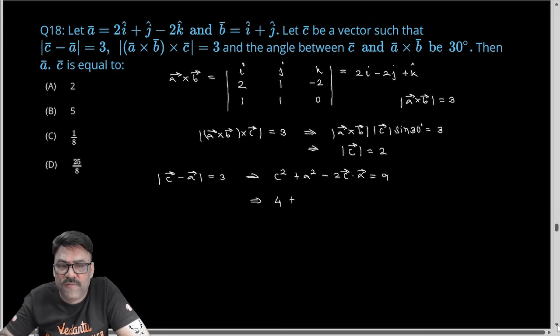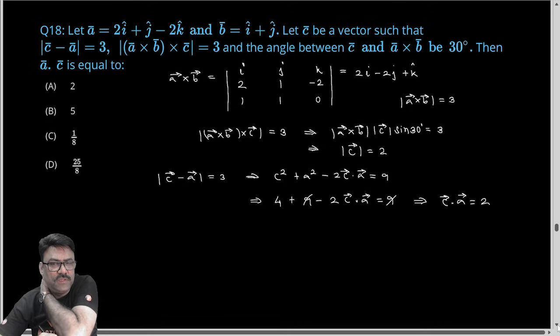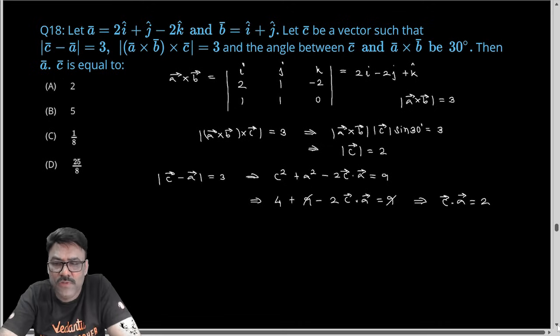A square you can find from here: A square is 4 plus 1 plus 4, which is 9. So 9 and 9 cancel, and this gives you C dot A is equal to 2. C dot A or A dot C, both are the same thing actually. So A dot C will be 2 here, which is the first option.